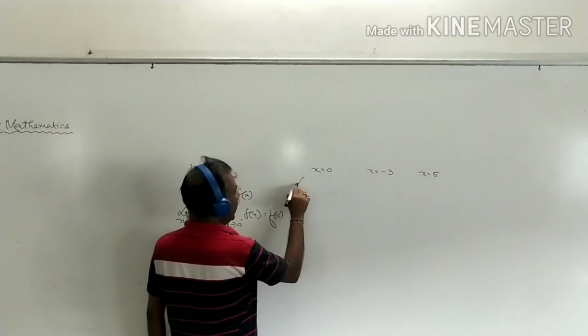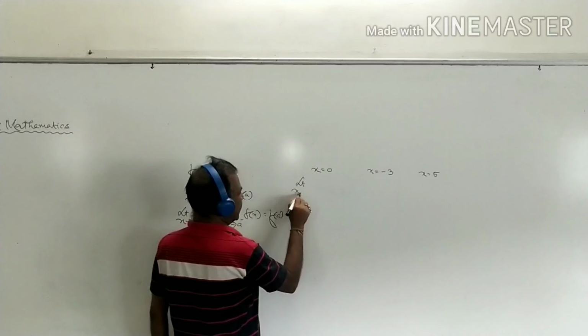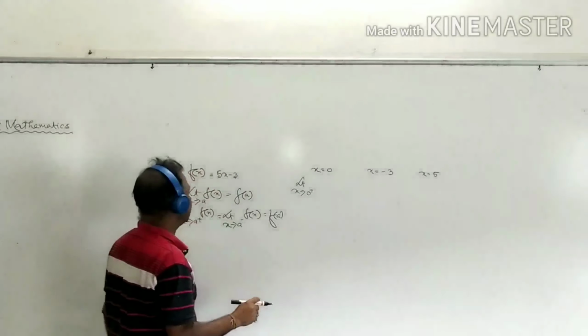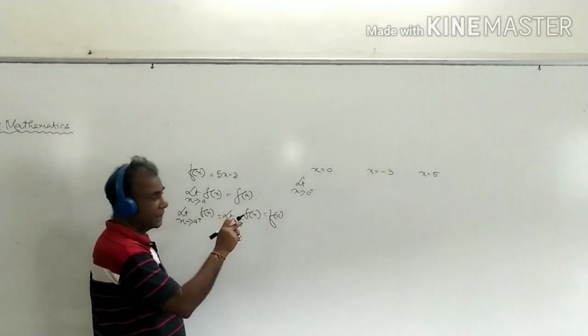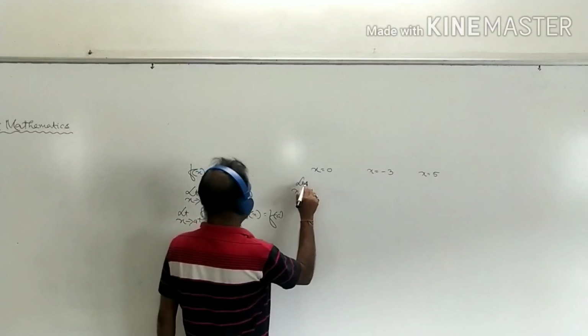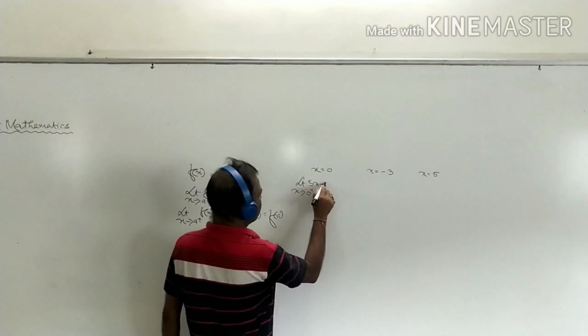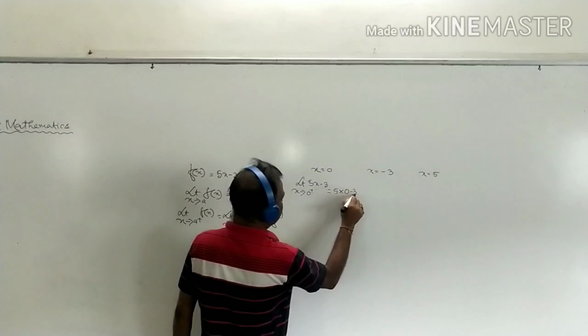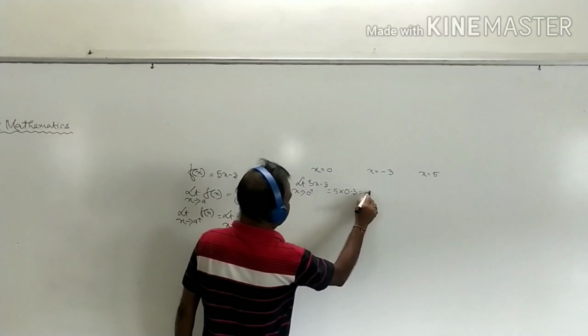So limit x tends to 0 plus, what will be the function? This will be the function, 5x minus 3. So 5 into 0 minus 3 equal to minus 3.